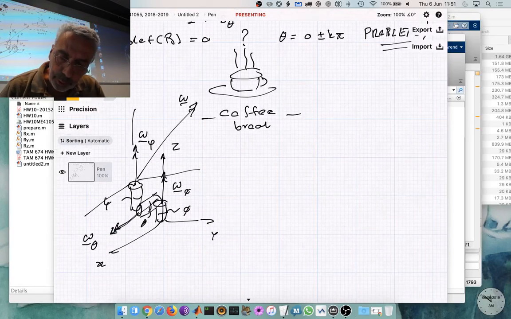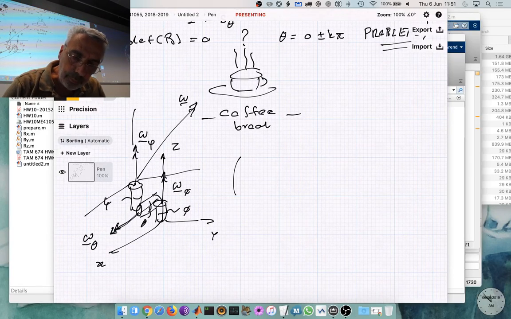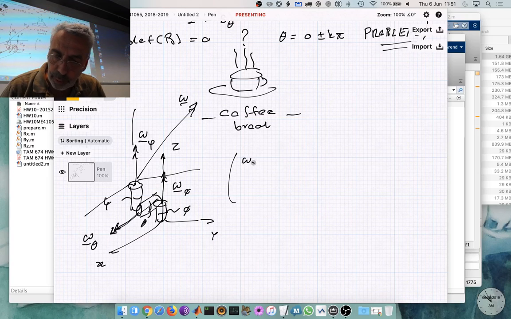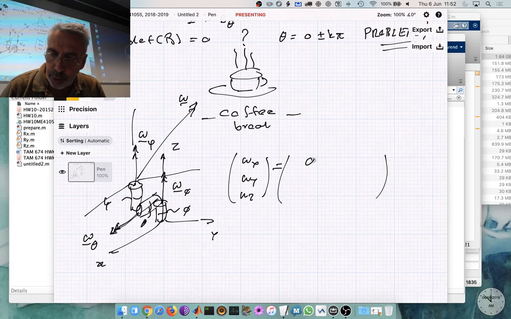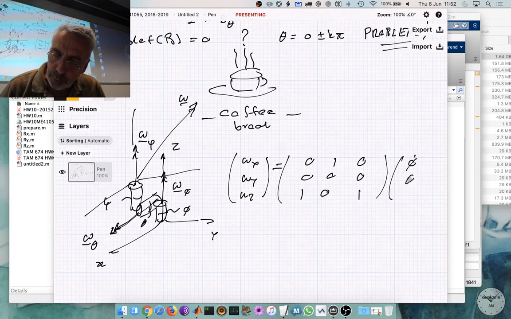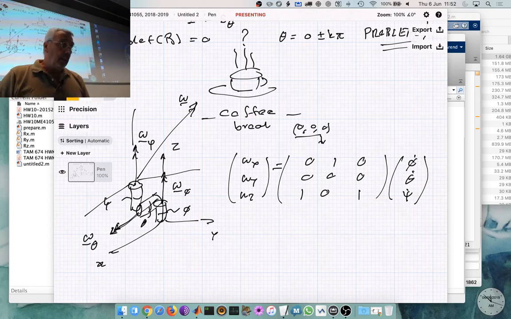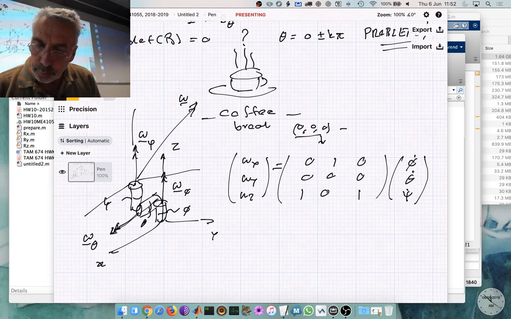I hope I remembered it well. So we get omega x, omega y, omega z equals 0, 1, 0, 0, 0, 0, 0, 1, 0 times psi dot, theta dot, and phi dot. And now, so this is in the 0 configuration, 0, 0, 0. That's all what the angles are. So that's the phi, theta, psi.